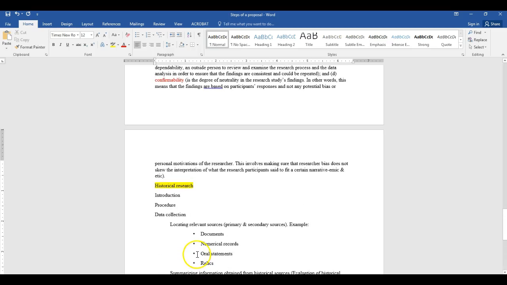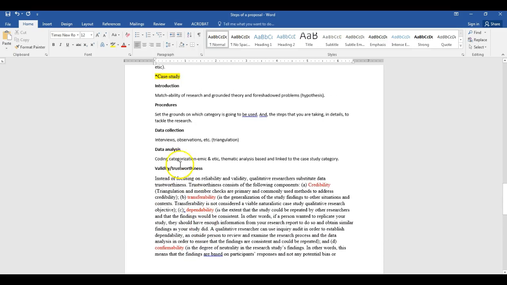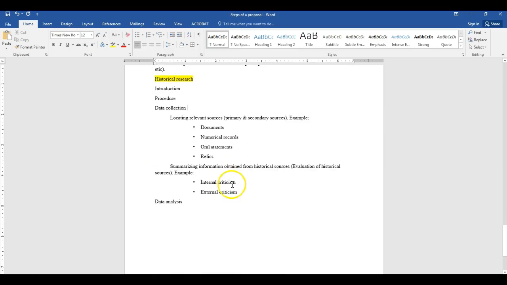And then the data analysis is the same as we talked about, the coding, categorization, thematic, and then the results at the end. And then validity and reliability is really part of your internal and external criticism. So I would just have it included within here. You don't need to readdress it again.